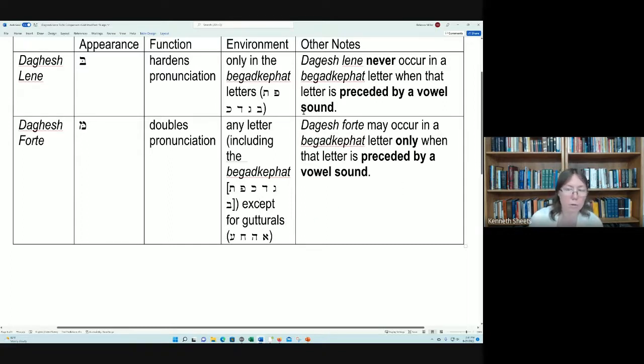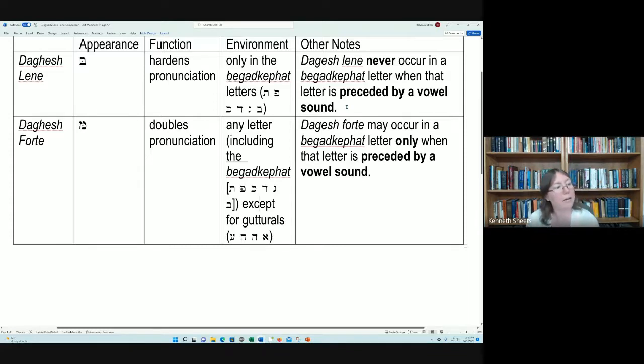And so you're probably wondering at this particular point, how do I determine the difference between a Dagesh Lene in a Begad Kefat letter and a Dagesh Forte in a Begad Kefat letter. Basically, we were saying that the Dagesh Lene never occurs in a Begad Kefat letter when that letter is preceded by a vowel sound.